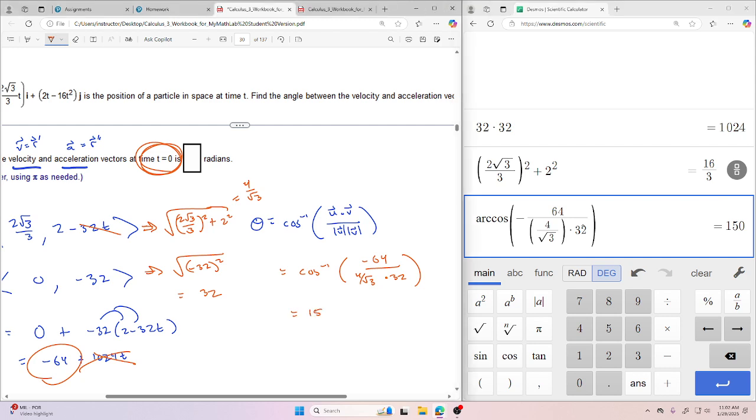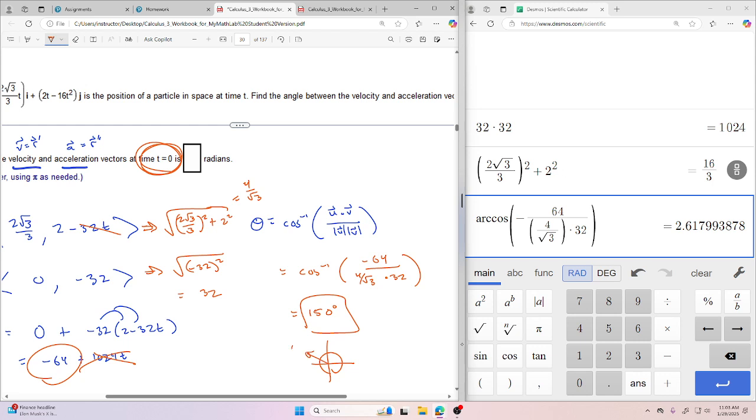It's nice when it comes out to something legit. It is nice degrees. So, to go to radians, we don't want to just do that. There's an easy way. If there's something easy like this, couldn't I just use the unit circle? 5 pi over 6. And so that's my answer.